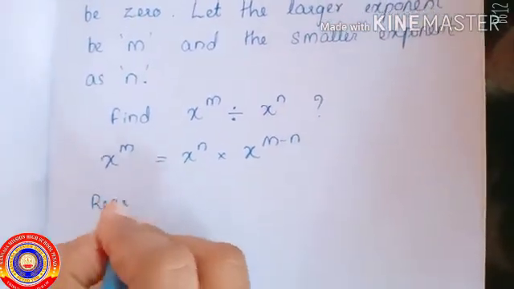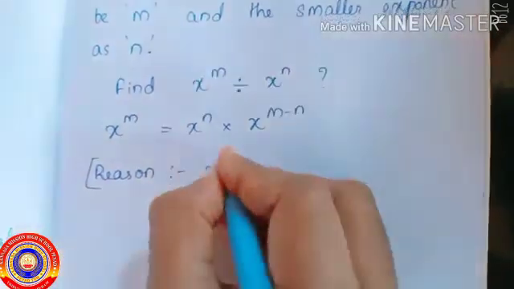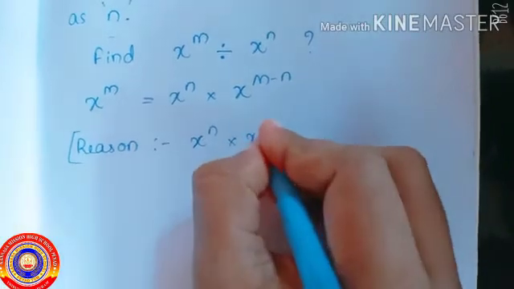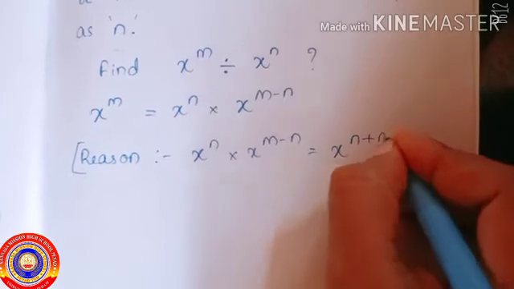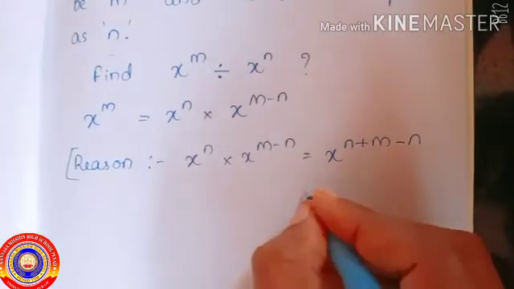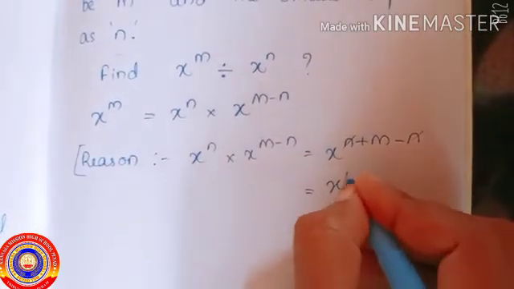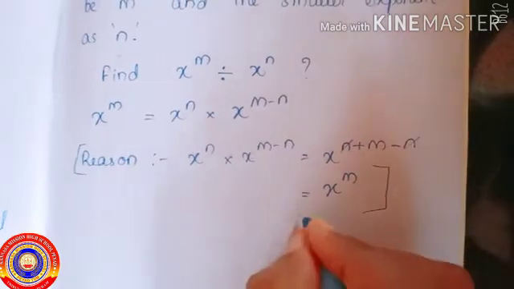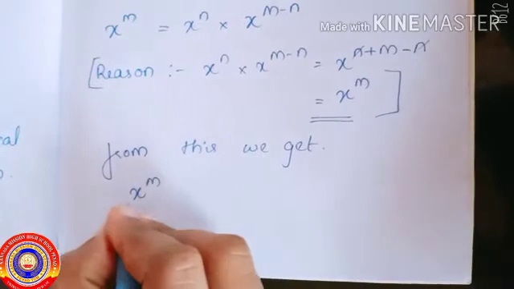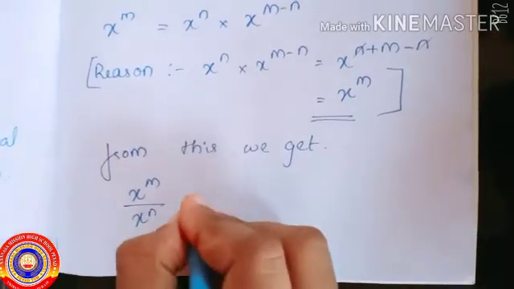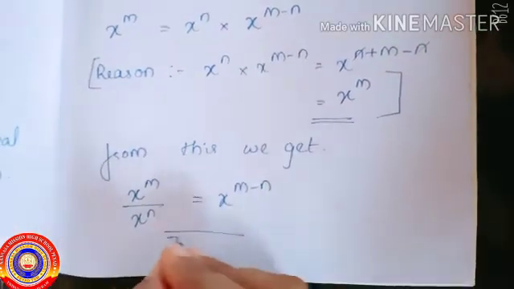The reason for this is x raised to n into x raised to m minus n is equal to x raised to n plus m minus n. The positive n and the negative n get cancelled and the remaining is x raised to m. From this we get x raised to m divided by x raised to n is equal to x raised to m minus n.